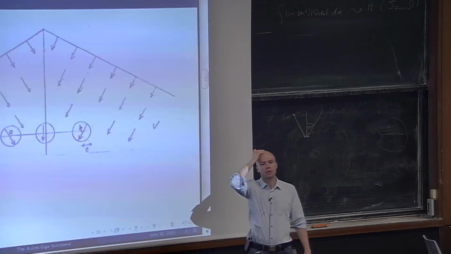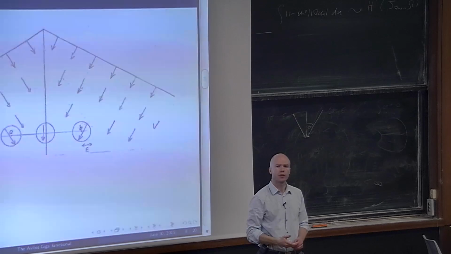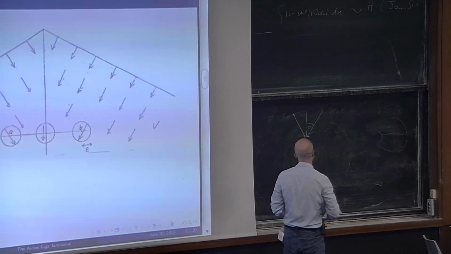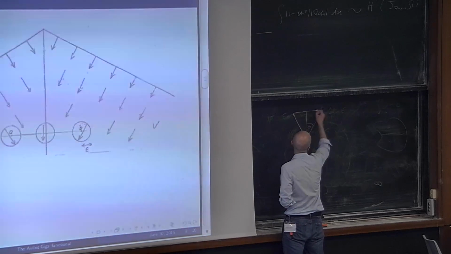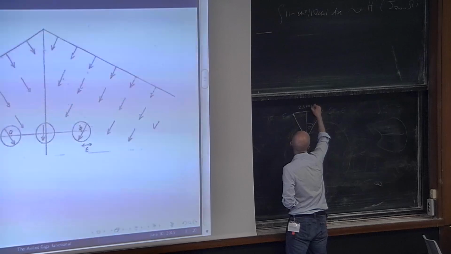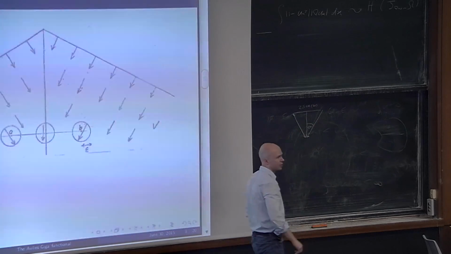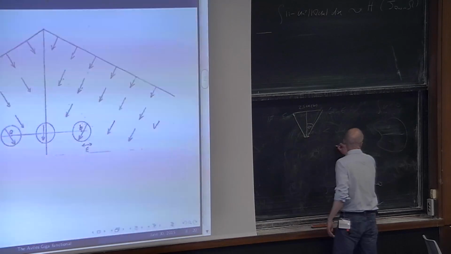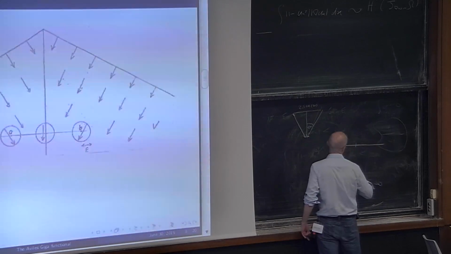So, anybody want to volunteer how big a jump we're going to make? It's going to be just this distance, which is 2 sine theta. So what's the graph of the second gradient?